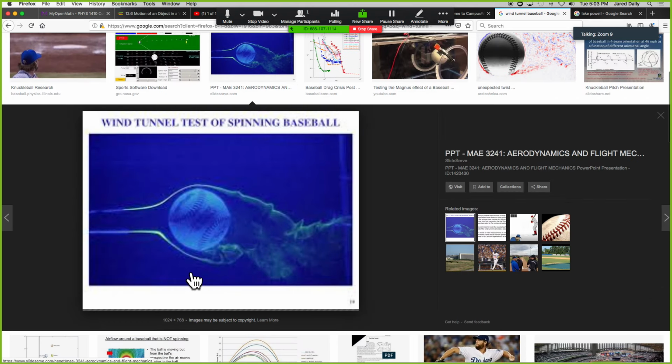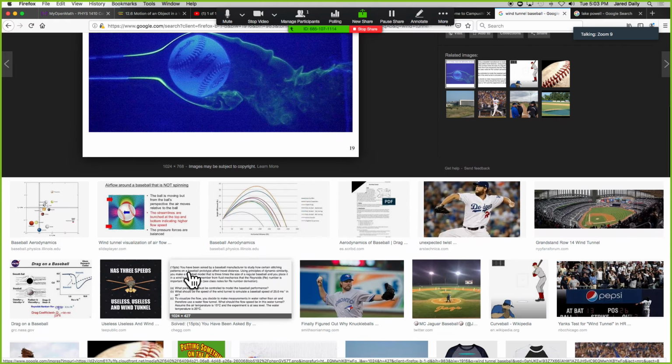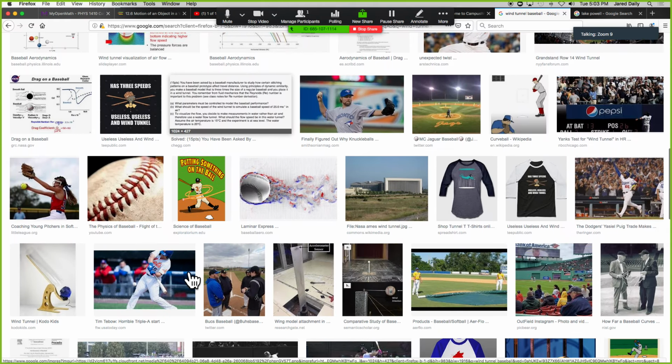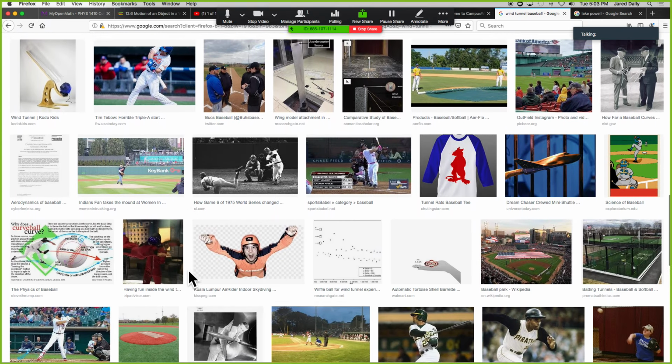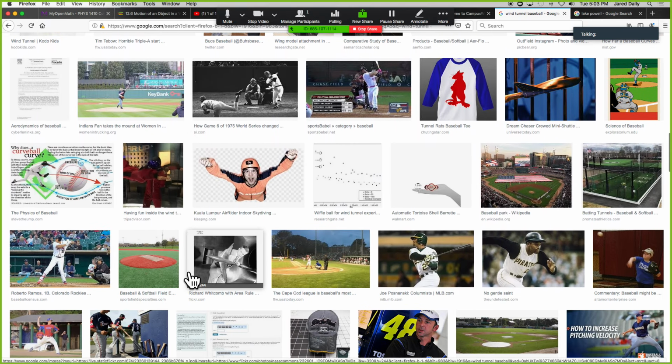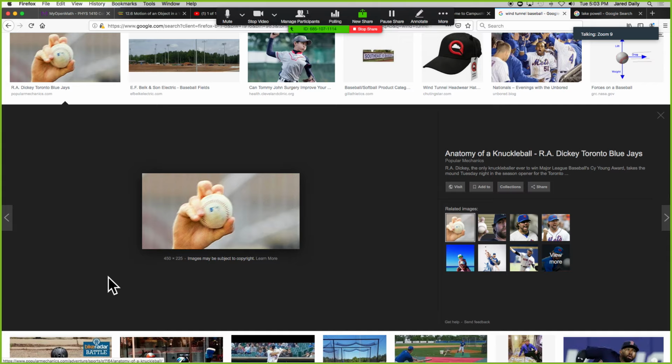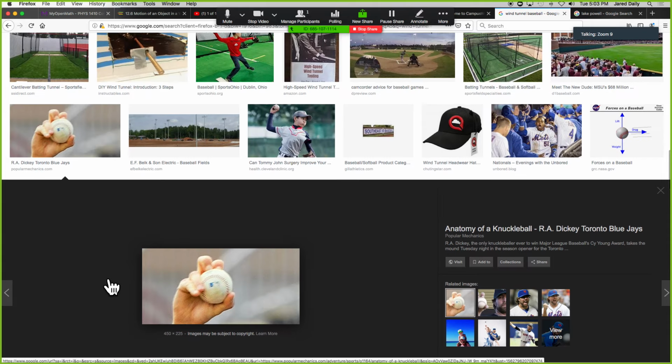There's a curveball for you. There's a book, it's actually a textbook, called The Physics of Baseball. There's your knuckleball right there. One version of a knuckleball.